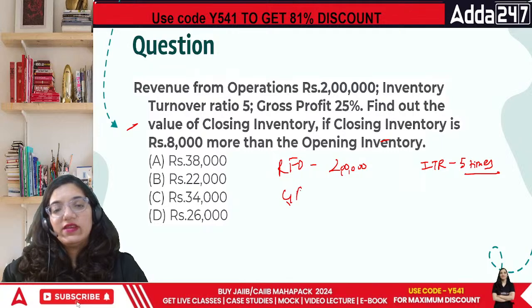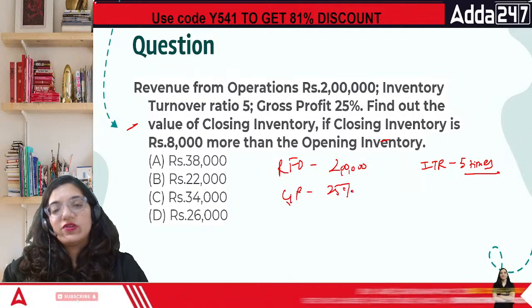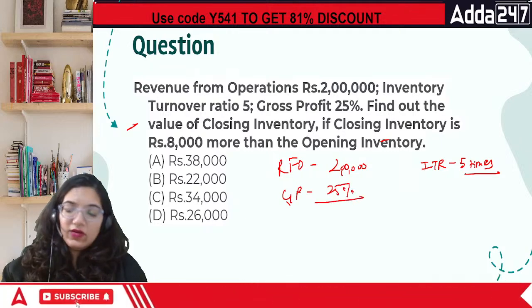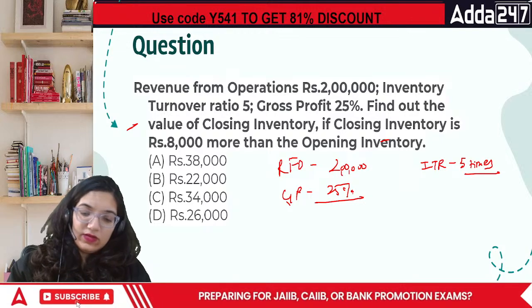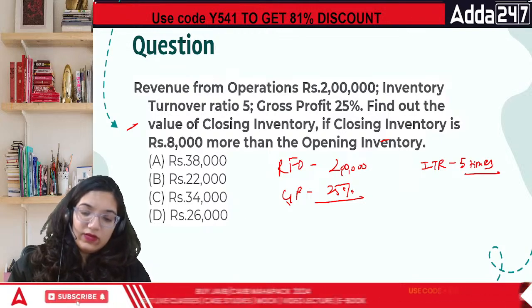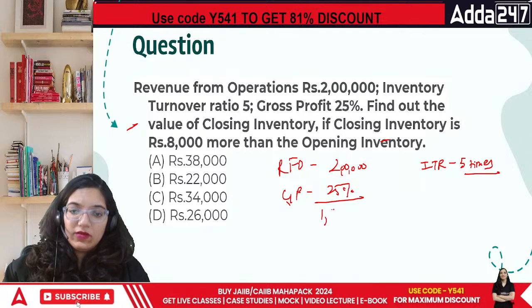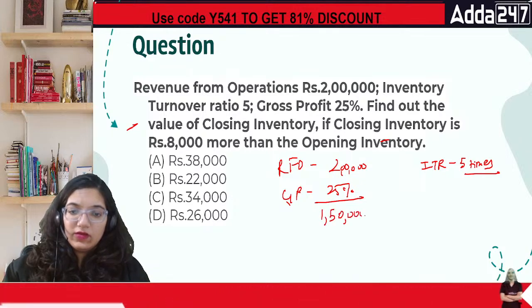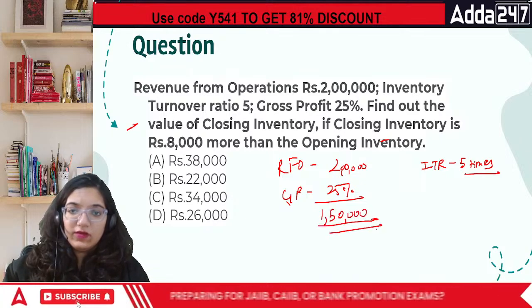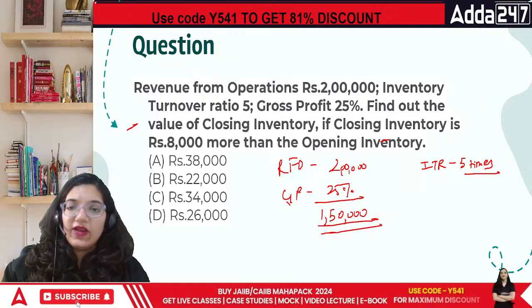GP is 25%. Find out the value of the closing inventory.